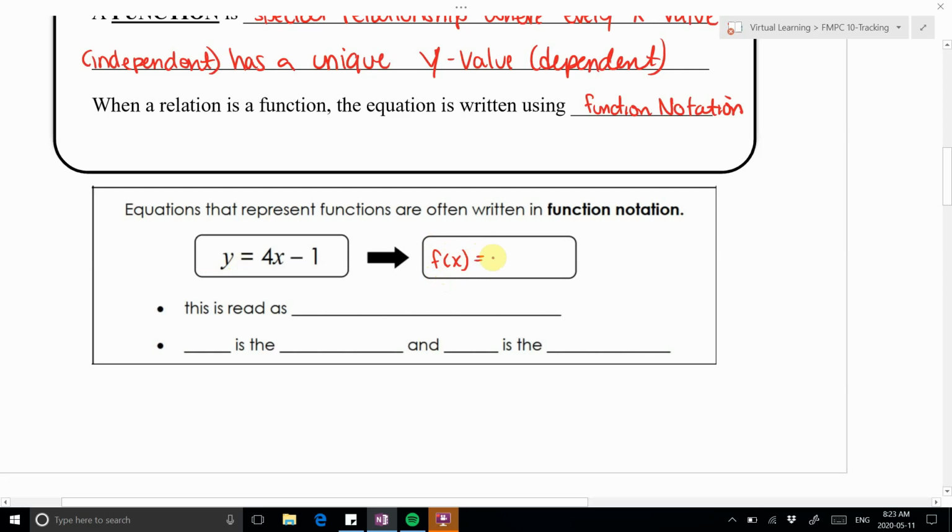The rest of the equation is the same. So the only thing that's changing here is that instead of writing y, the dependent variable, we're writing this function. So this right here is that function notation. So we read it, the way that we say it is f of x equals.